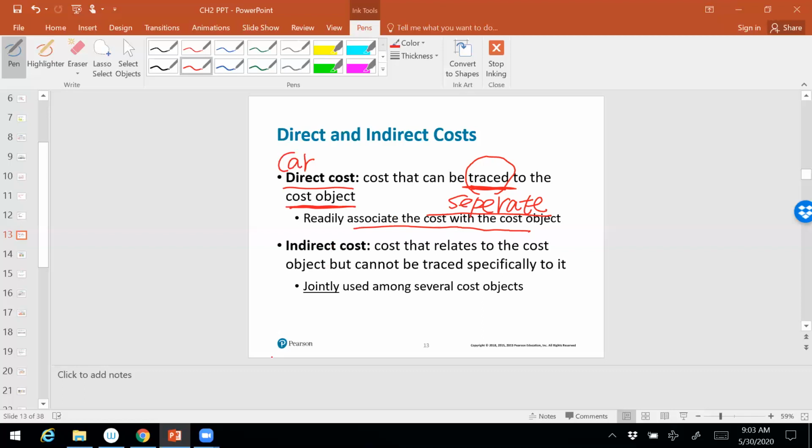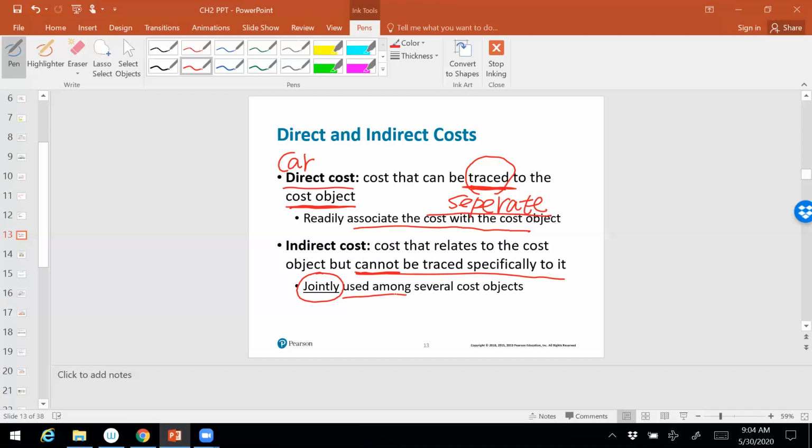And then indirect cost, you cannot trace it directly to the cost object. So you cannot separate, the costs are jointly used. You may say, I don't really know what that means. So think about the car also. When you build a car, you may use the lubricant, the oil, right?